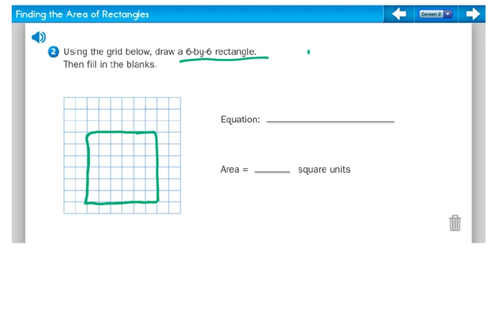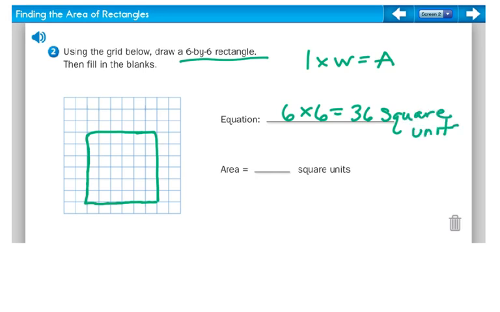So we're going to use the equation length times width equals area. The length is 6, the width is 6, and 6 times 6 is 36 square units. You are filling this out in your math journal on page 37. It is 36 square units.